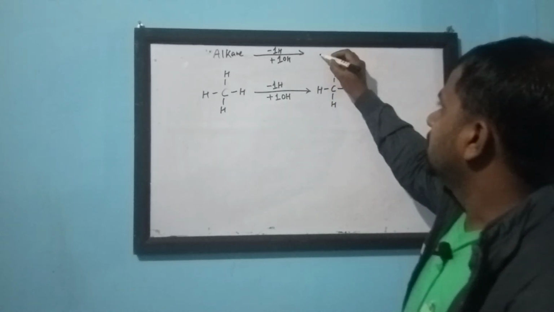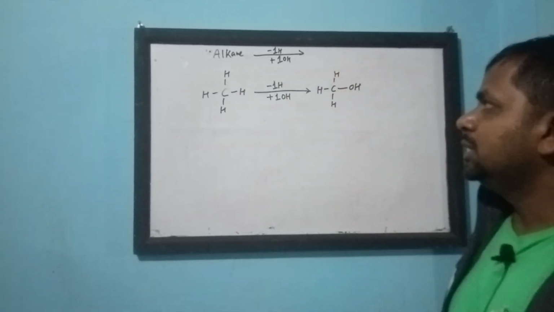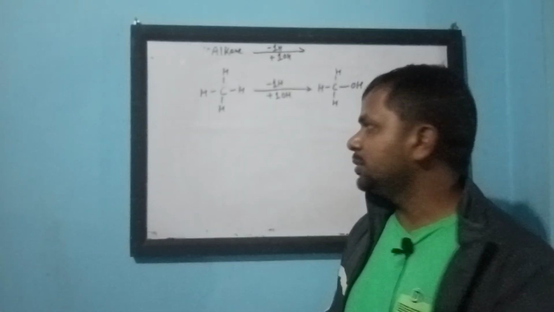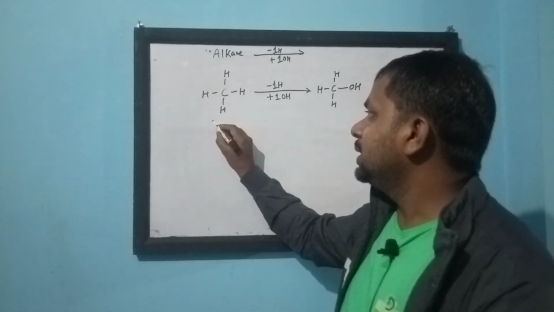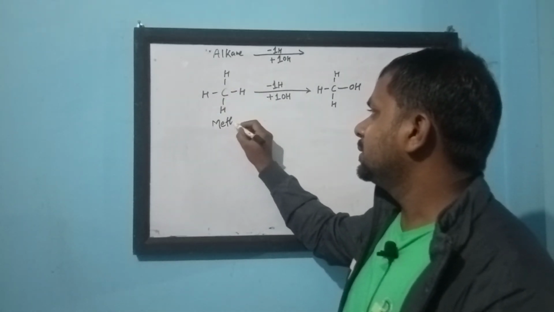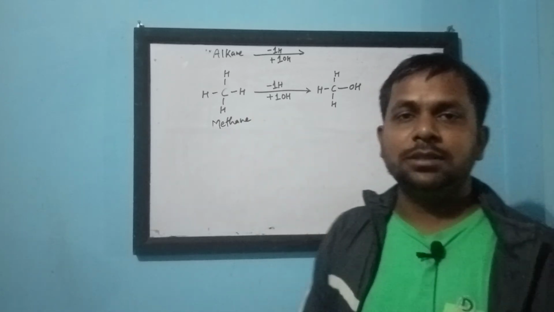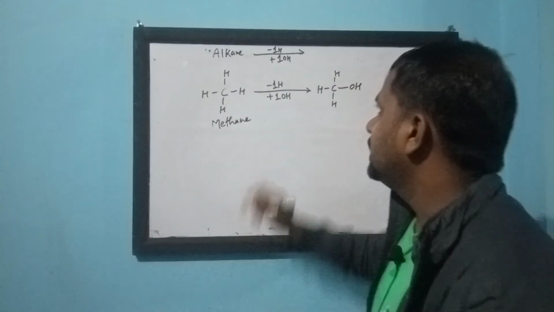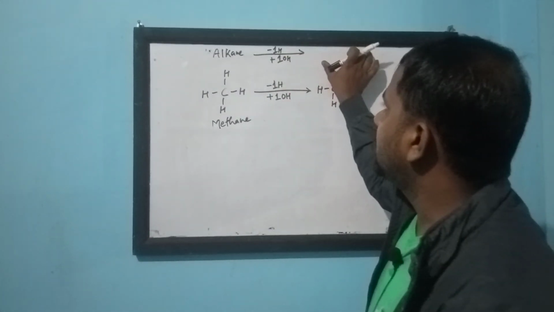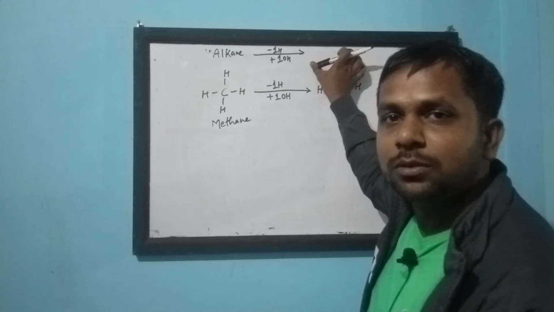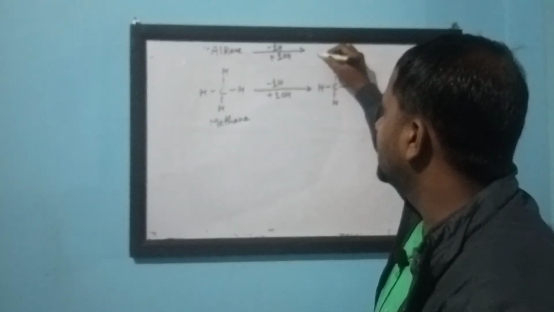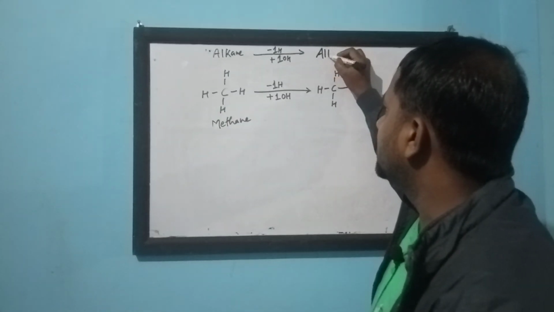Then how is the name of an alcohol written? Let us try to know. This alkane here is methane. When alcohol is formed, the name is written like this: alkanol.